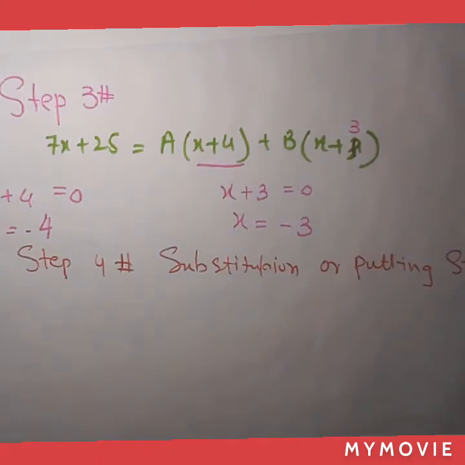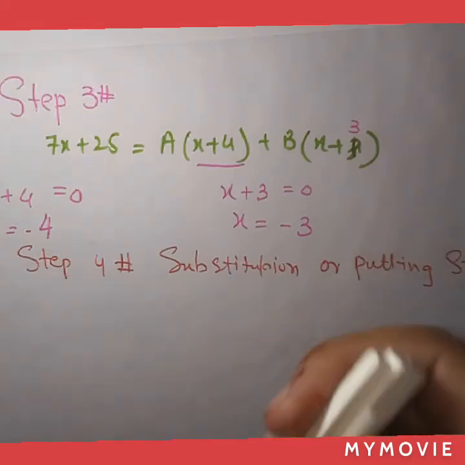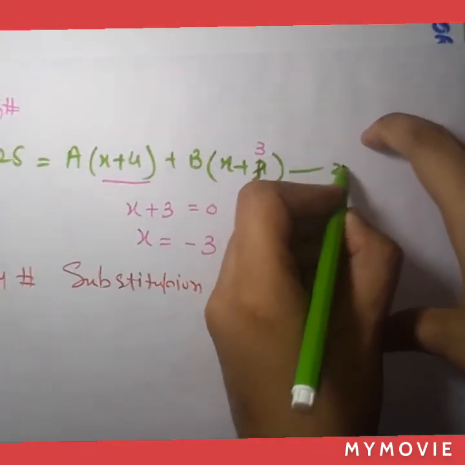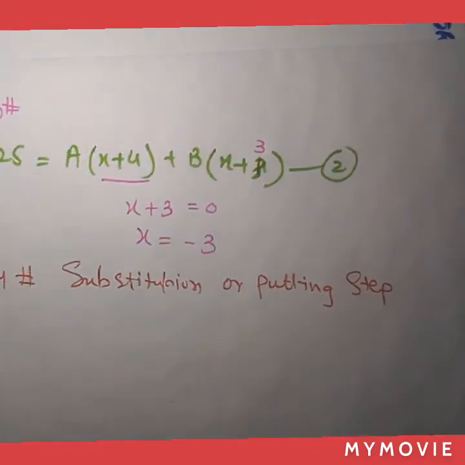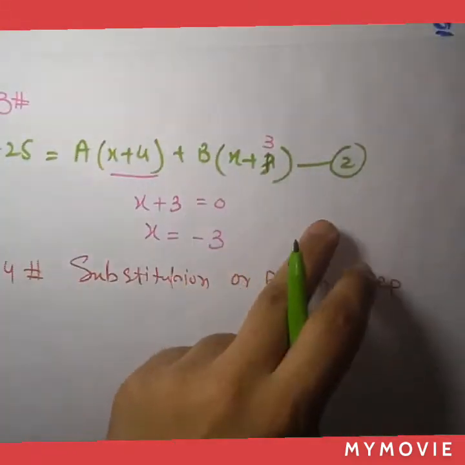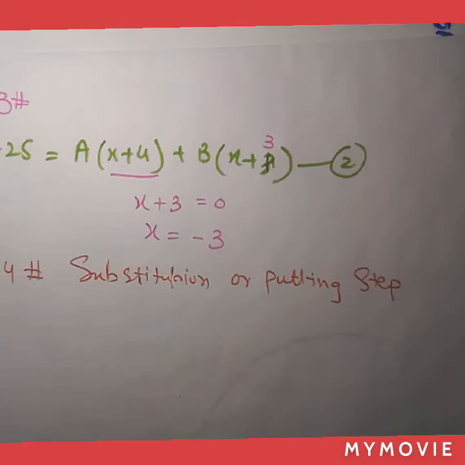You can easily call it putting or substitution. Now we have to put, but first name the equations. This is equation 2. We already called equation 1, so we never call this equation 1. Don't give the same name to 2 or 3 equations.